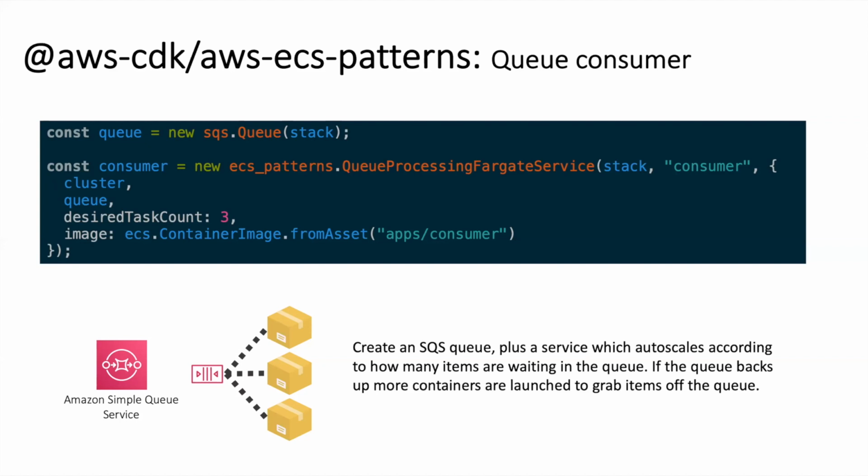And the cool thing here is that I create my queue using a simple CDK call, and then I just specify that same queue when I'm creating my Fargate service, and it will automatically establish the link between that queue, allowing my queue processing service to pull items off of that queue and work on them.